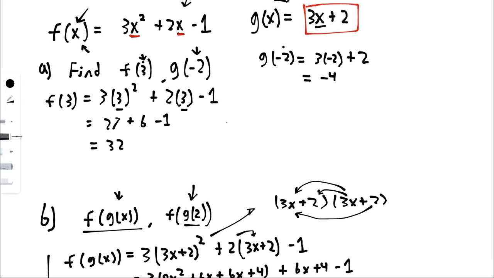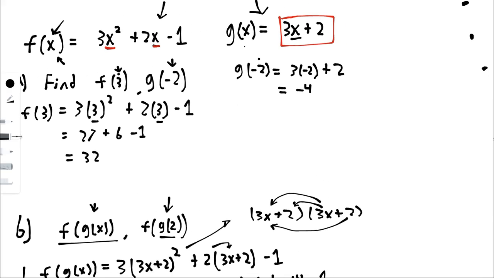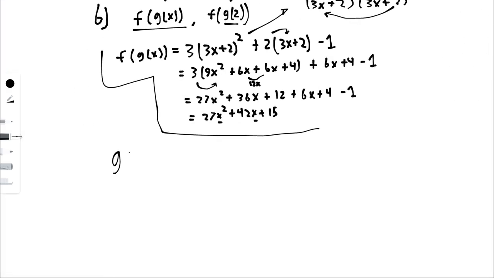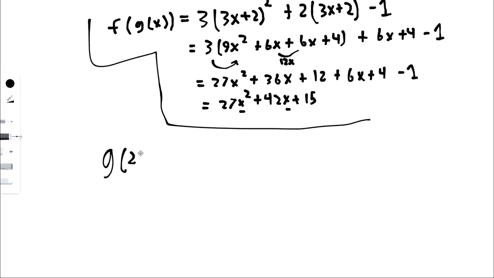What I would say you should do first is find out what g of 2 equals. So we're going to replace x here with 2. Let's do that first. g of 2 equals 3 times 2 plus 2, which obviously equals 8.